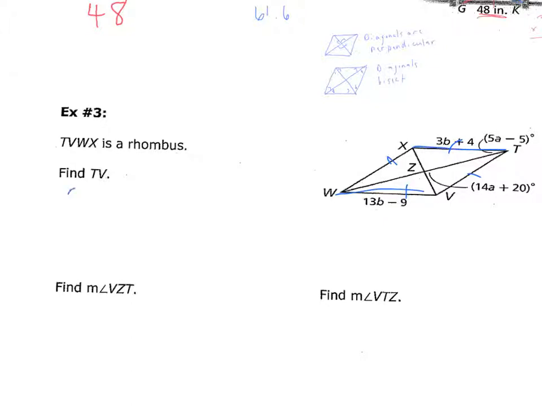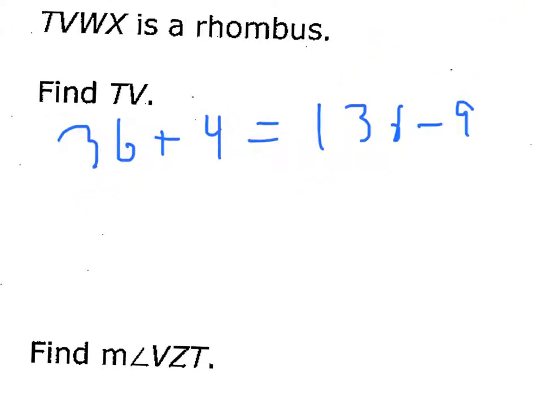So let's set 3b plus 4 equal to 13b minus 9. Okay, let's go ahead and solve this thing. This is a variable on both sides equation, so I'm going to undo addition with subtraction. Those b's cancel out, and that would give me 4 equals 10b minus 9.